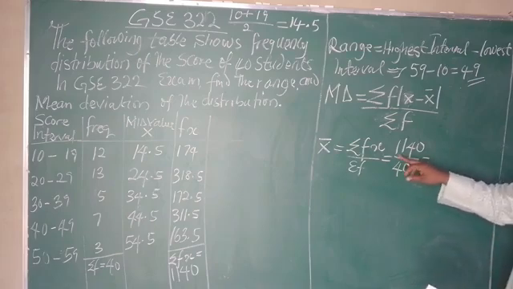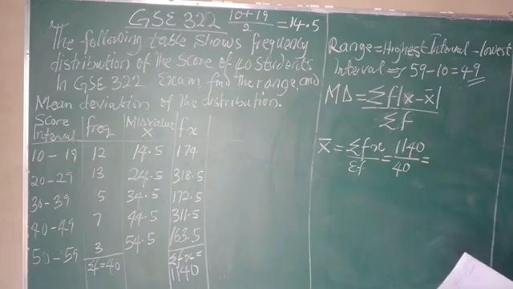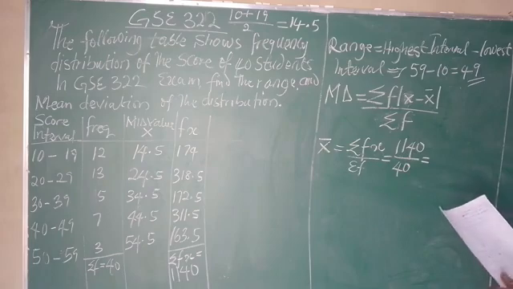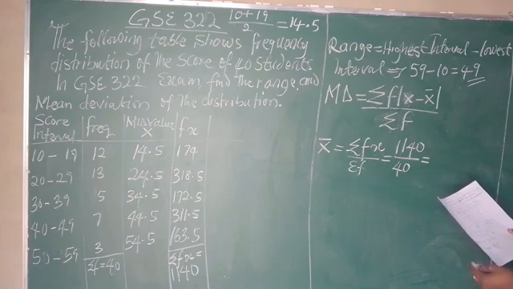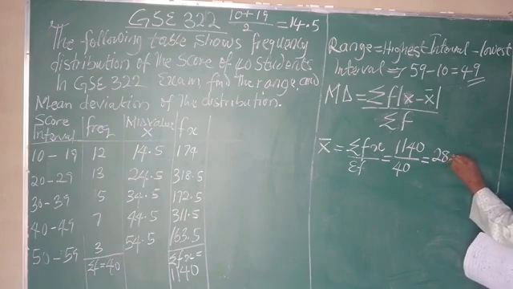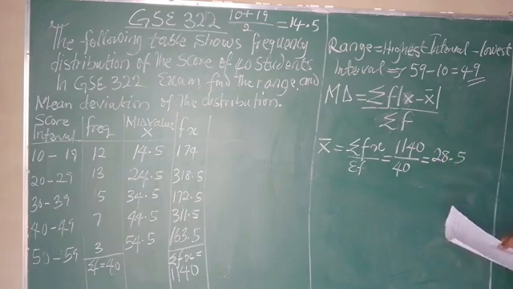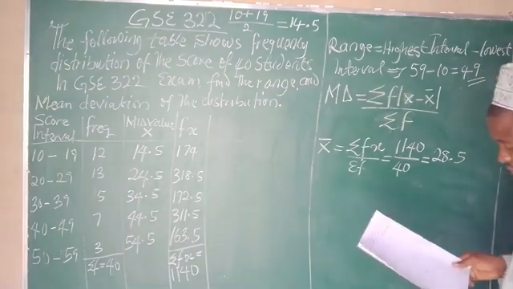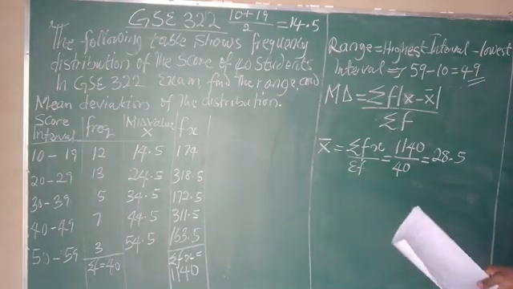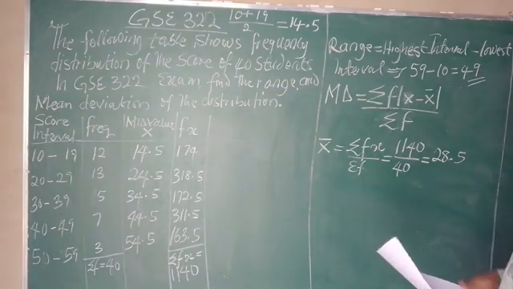When we divide 1140 by 40, that is going to give us 28.5. So now we have gotten our mean.